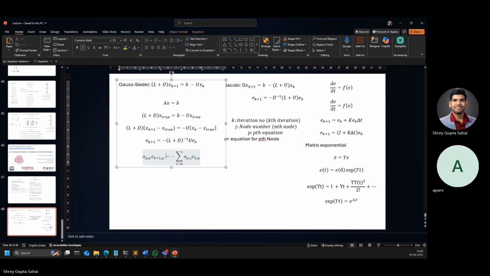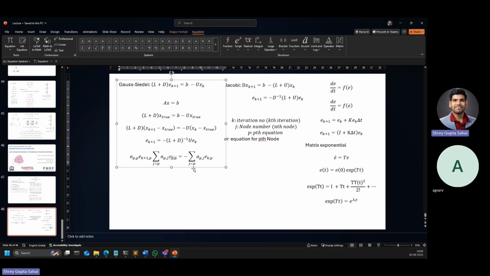And then plus when J is greater than P, it will be here. Essentially, EK plus 1. This is what Gauss-Seidel is about, right?